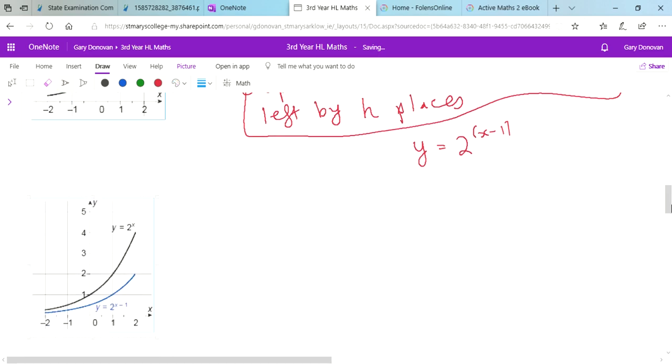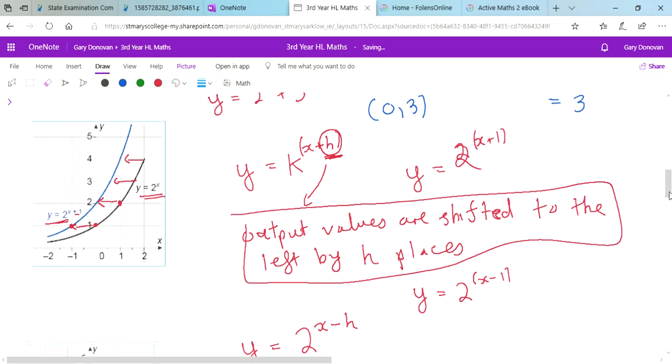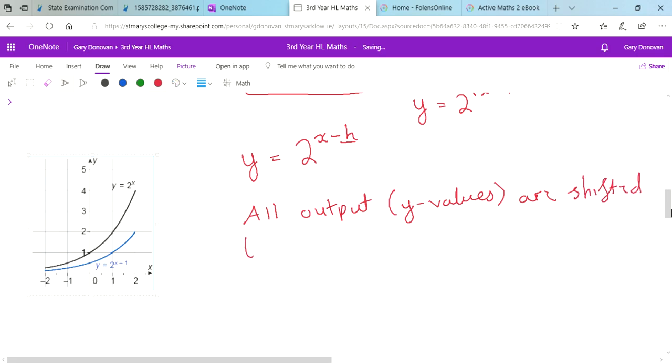If you have y equals 2 to the power of x minus h, so instead of this being a plus here, it becomes a minus, what happens here is all output values are shifted to the right h places.